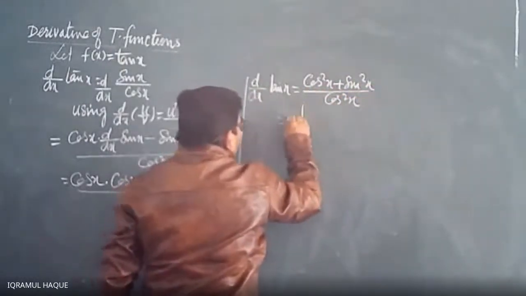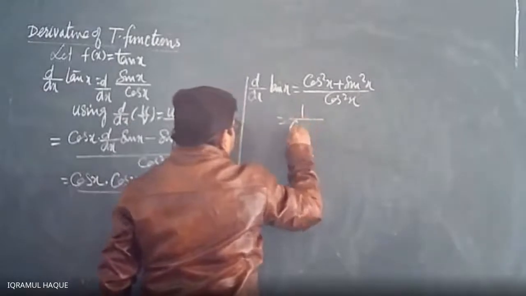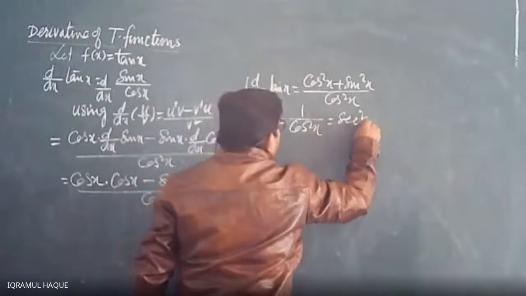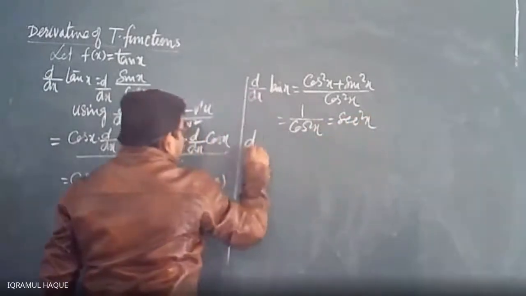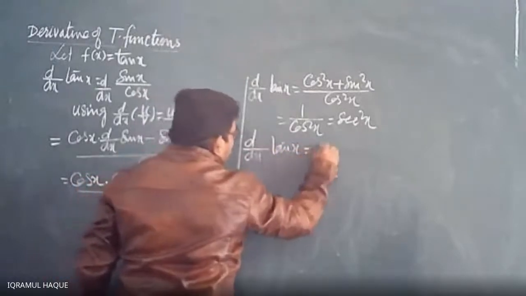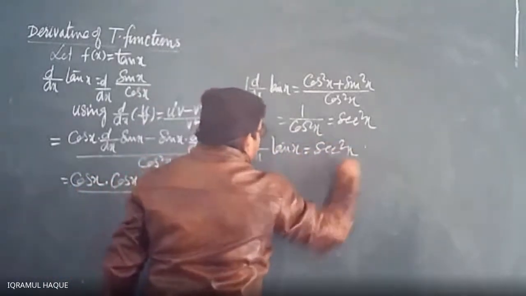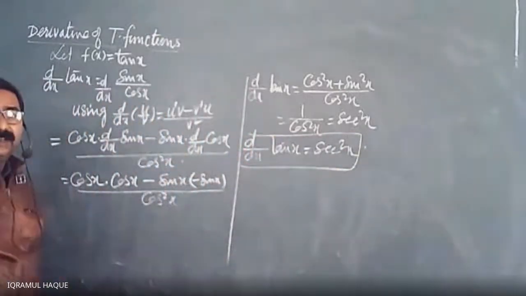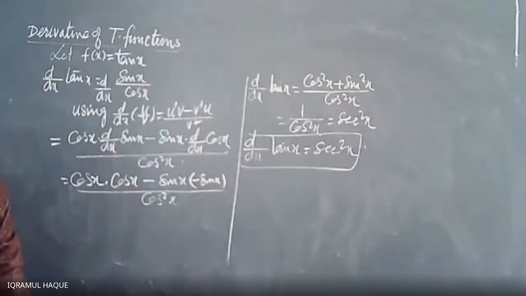This is 1 upon cos square x is equal to sec square x, means d of dx of tan x is equal to sec square x. This is another formula. Derivative of tan x is sec square x.